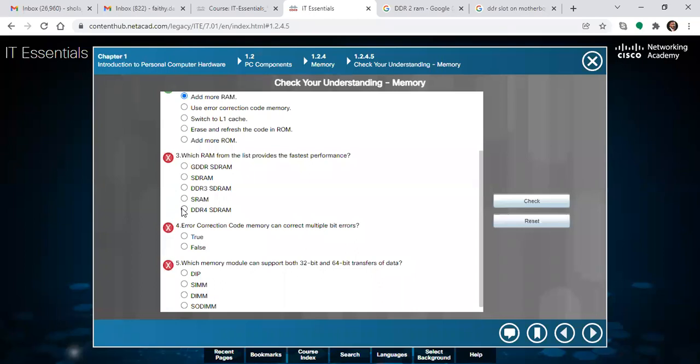SRAM. No, GDDR SDRAM. Someone said it's DDR4, someone said SRAM. So which is the answer? You guys will agree. GDDR SDRAM. I don't think that is correct. It's GDDR SDRAM. Are you sure? Yes, final answer: GDDR SDRAM.